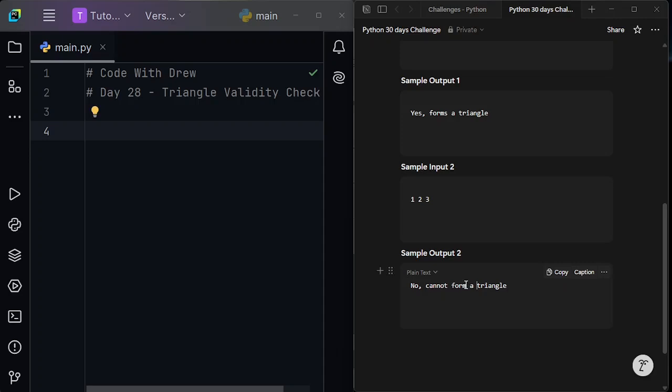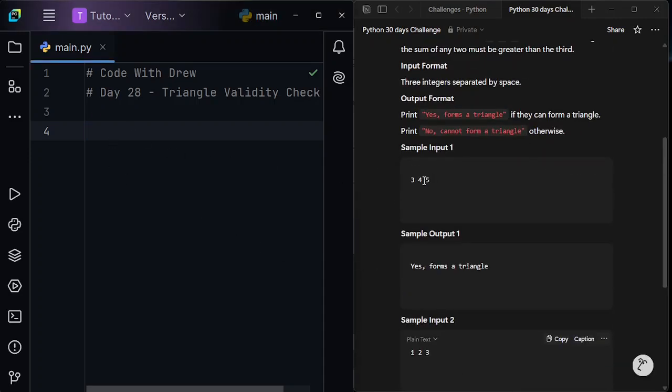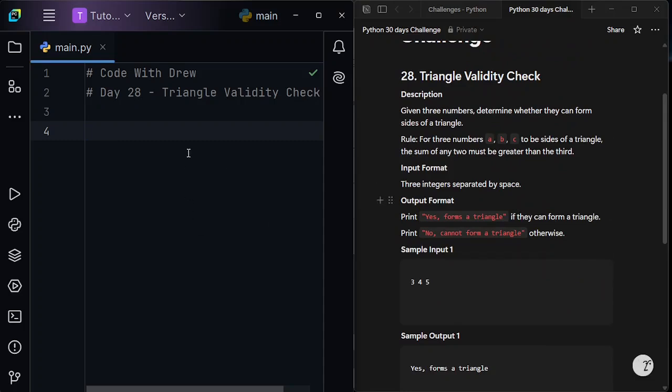So how are we going to approach this? I'm sure you can pause the video, give it a try, then let's get into it. Let's dig in. The first thing we need to do is to get our input as usual. So what do we do to get our input?